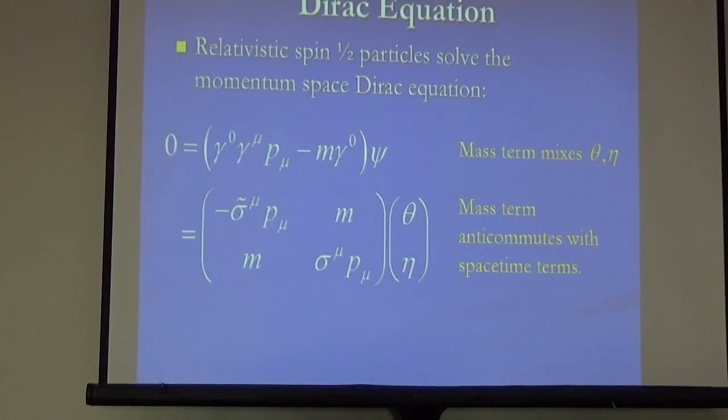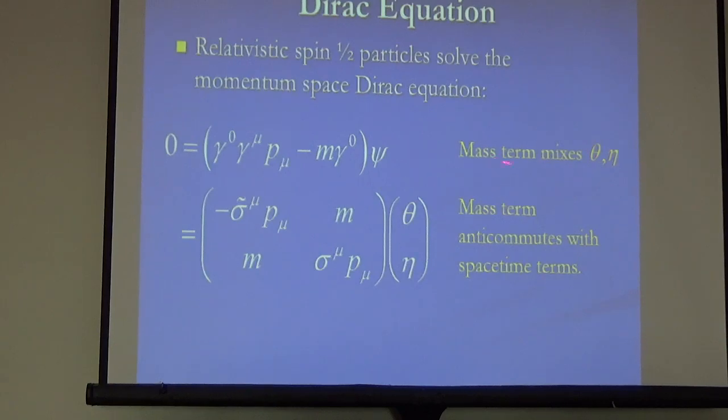All right. I showed you the modern way of writing the Dirac equation, but it's not the way Dirac himself wrote it. Dirac himself multiplied the whole equation through by gamma 0. All that does is mix up where the various m's and sigmas are, but I'm going to use this version of the Dirac equation.